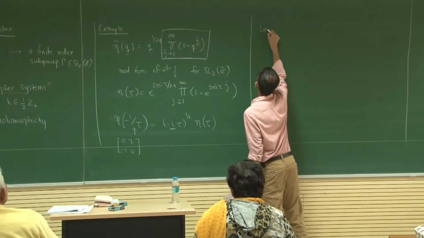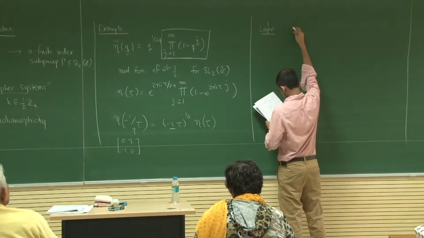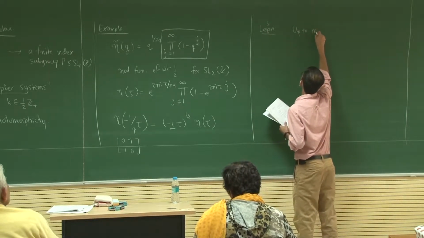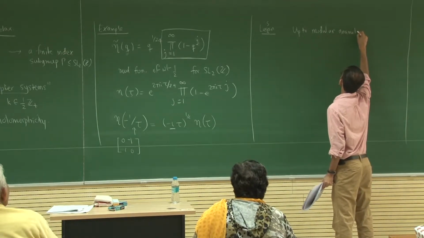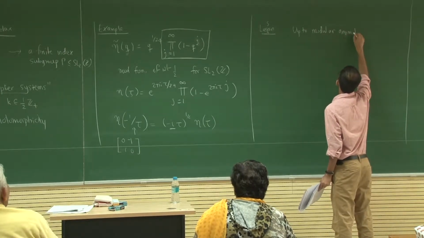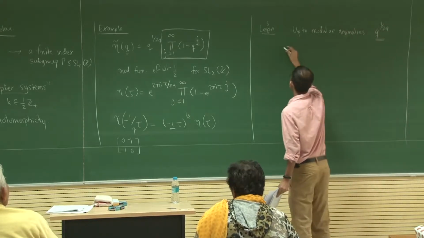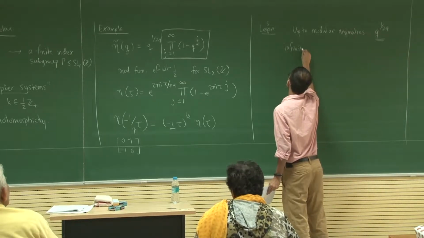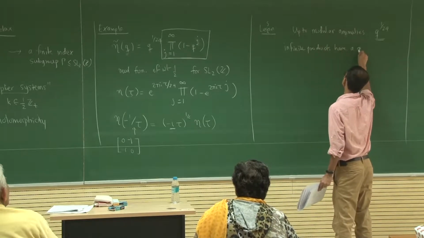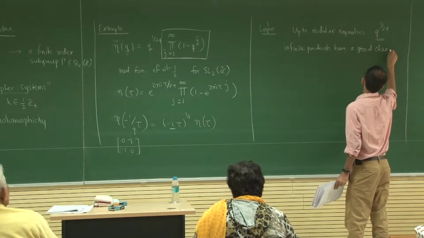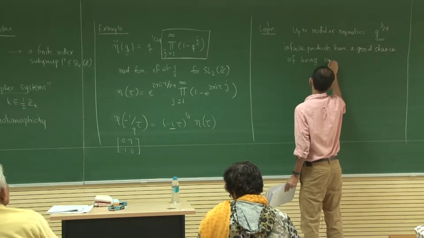Okay, so the lesson is that, up to modular anomalies, or this small little factor, infinite products have a good chance of being modular. Not all products are modular, but many of them are.